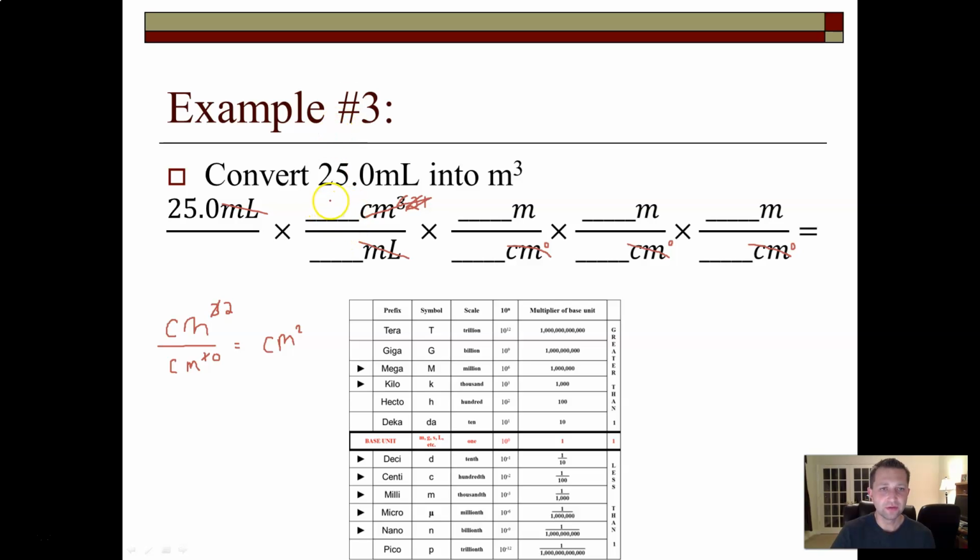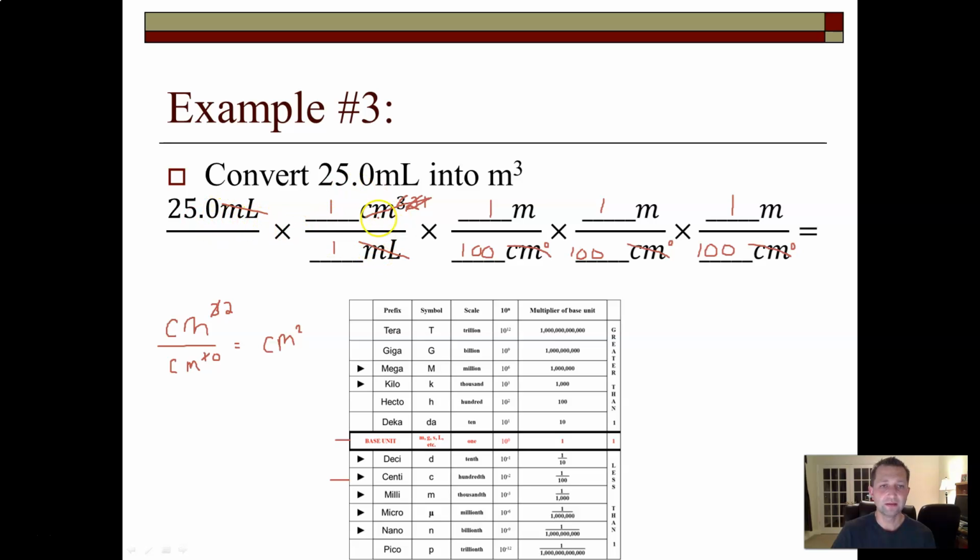We know that there was 1 centimeter cubed and 1 milliliter. That was the previous slide. We're going to compare centimeters and meters right here. Centi makes it smaller, so a meter is larger, and there are 100 centimeters in a meter. So you do that 3 times. Okay, you have 25.0 with 3 sig figs.